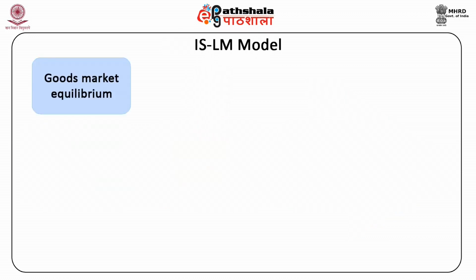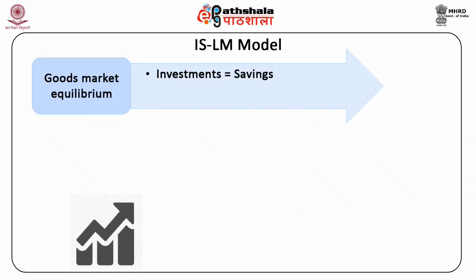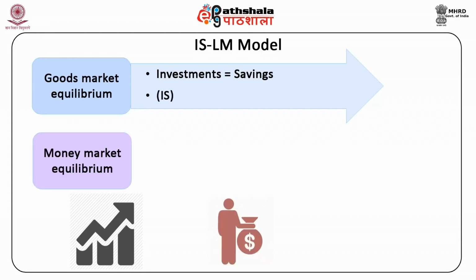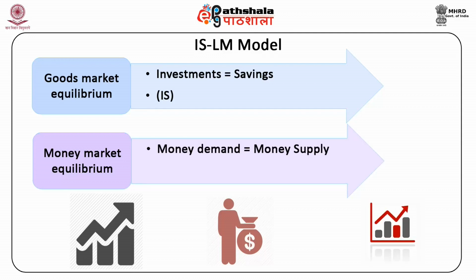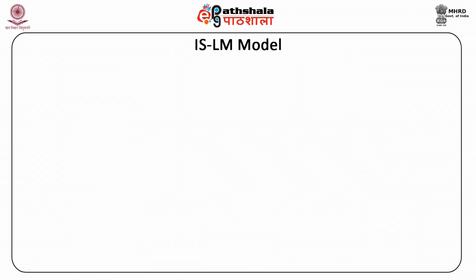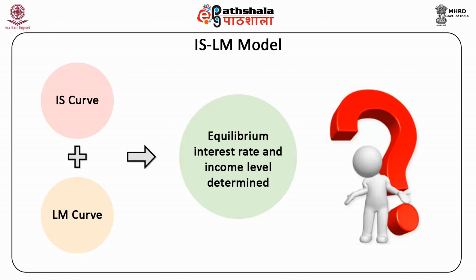The goods market is at equilibrium when investment equals savings, hence IS, and the money market is at equilibrium when the demand for money, that is liquidity, equals the money supply, hence LM. At the intersection of the IS and LM curves, the equilibrium interest rate and income level are determined.